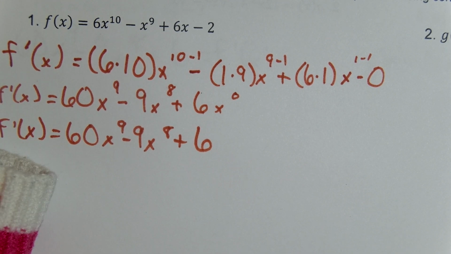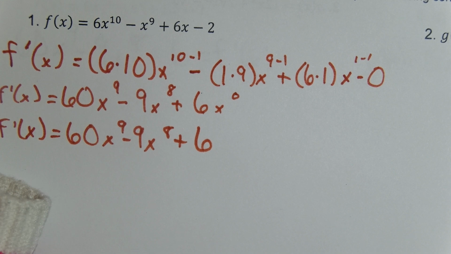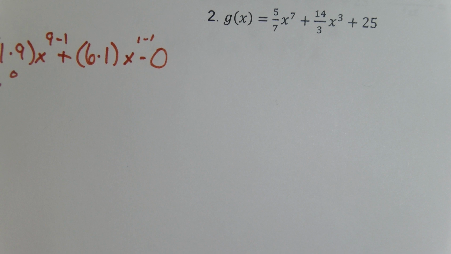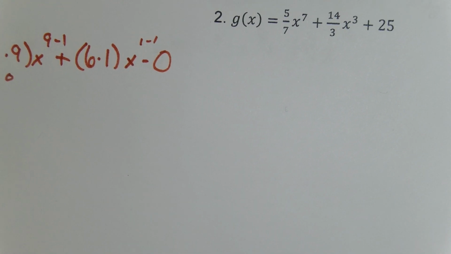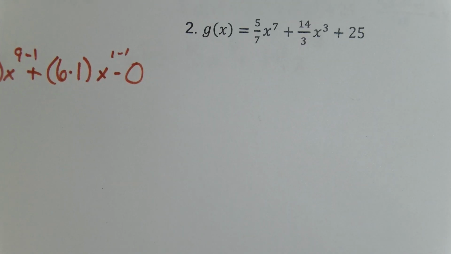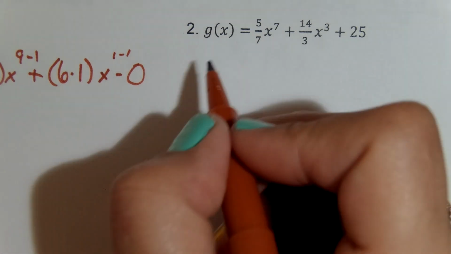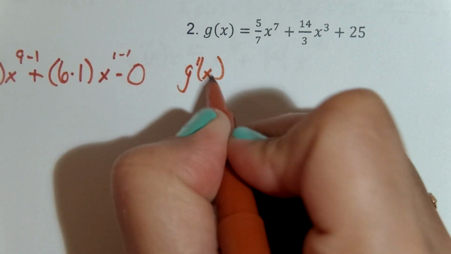All right, can I get somebody to do the next one? If you don't know how to do it, ask questions or lead us through it. Melissa? G prime of x, okay.